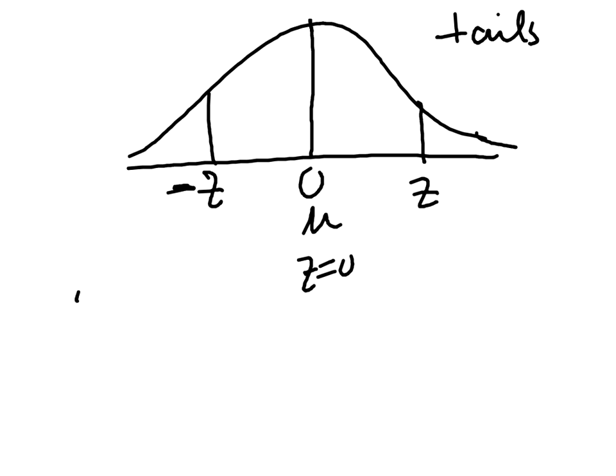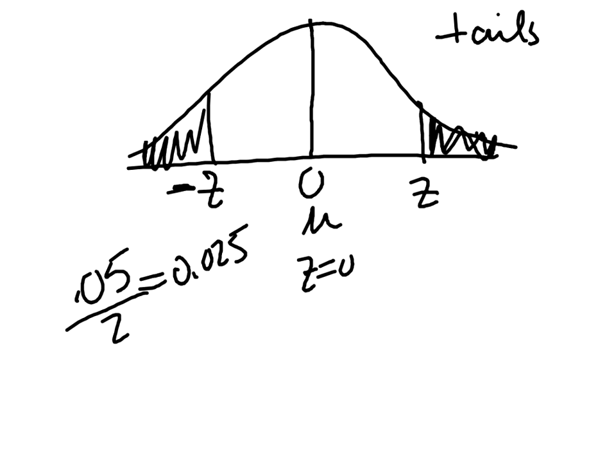And what we're doing, they tell us, is there's 5% of the area cut up into those tails, equidistant from 0. So we have to divide that 5% by 2, and we end up with 0.025. So what this question is basically saying, and I'm hoping you use your solution key to verify and follow, we want, all we have to do is find one of them, by the way, but this is our situation.